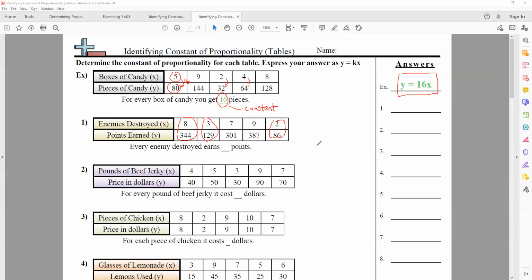Each enemy destroyed earns 1.2, and then that would be 1. Every enemy destroyed earns 43 points. And for every pound of beef jerky, it costs $10.